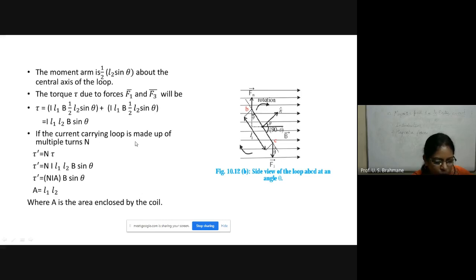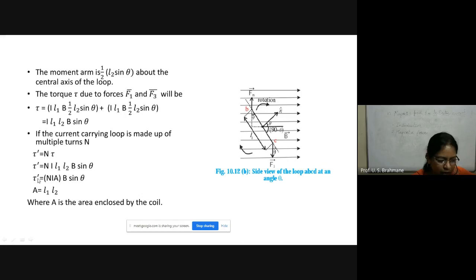If the current carrying loop is made up of multiple turns, now we have considered only one loop, if there are n turns, then tau dash equals n tau. So tau dash equals n I L1 L2 B sine theta. Now this is L2 and this is L1, so the area of the rectangle is L1 into L2.